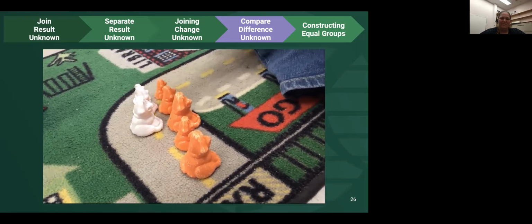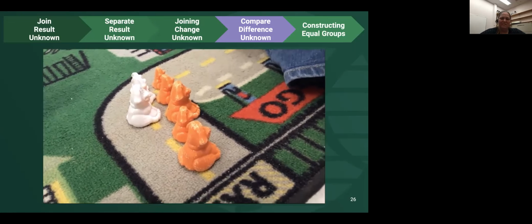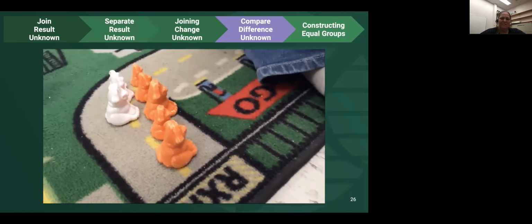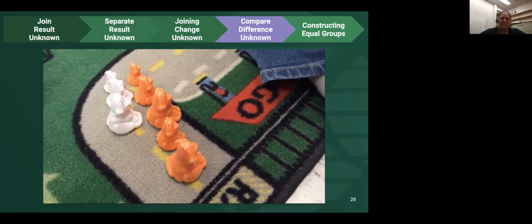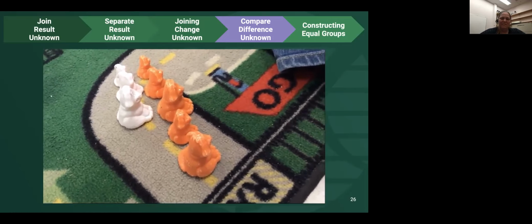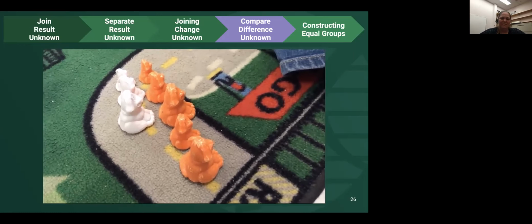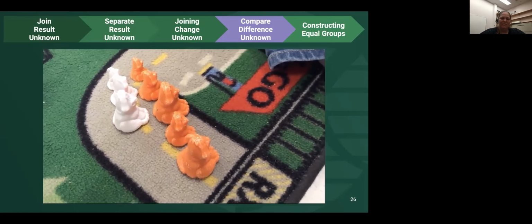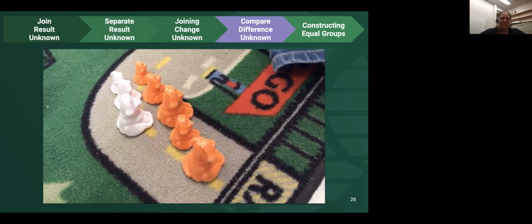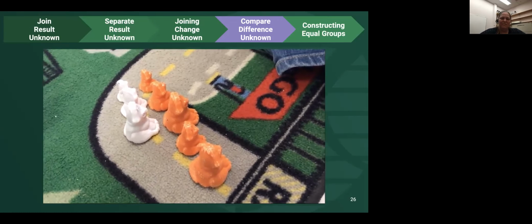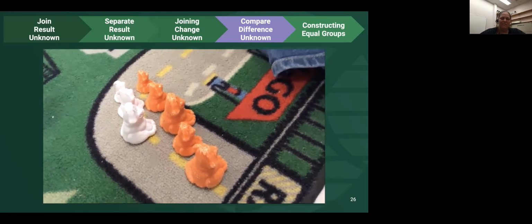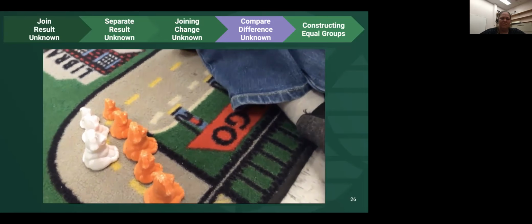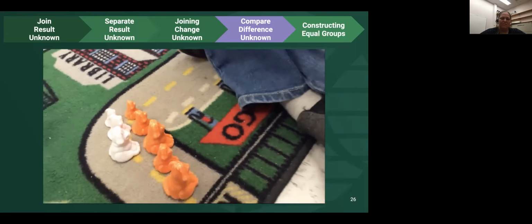If I add all of... Yeah, how many more orange? 8. That's how many you have all together. You told me that you have more orange ones. How many more orange ones do you have? How many? 2. 2.